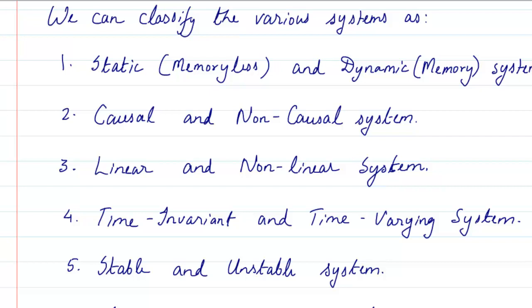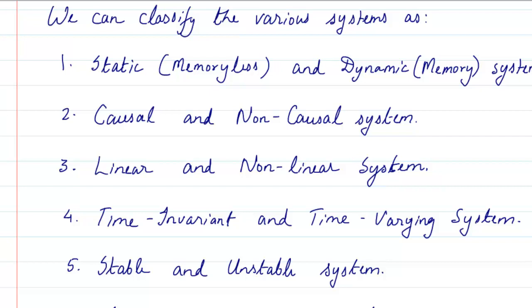A stable and an unstable system is another classification. Stable systems are those which, when designed, are taken care of so that they always operate stably if a stable input is given to them.